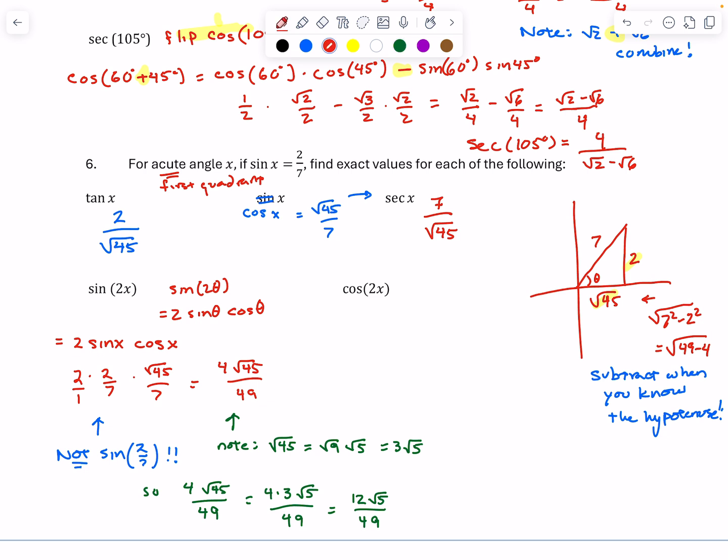Okay, cosine of 2x is cosine squared minus sine squared. Okay.